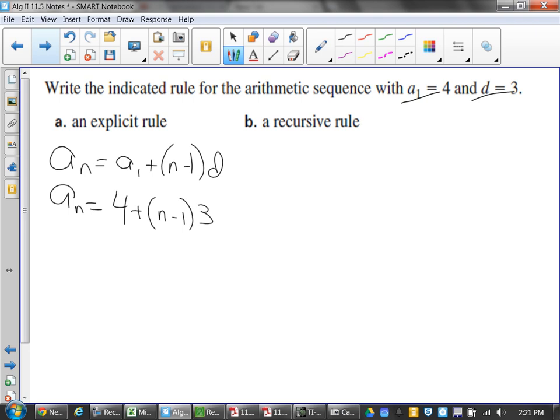Everybody okay with that? Yeah. What do I do now? Distribute and distribute, combine like terms. So your nth rule is 3n plus 3, or excuse me, plus 1. Is everybody okay with that?